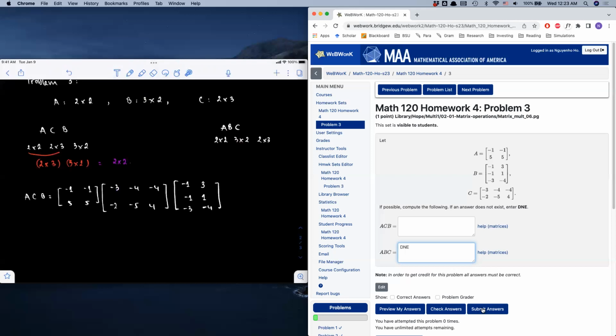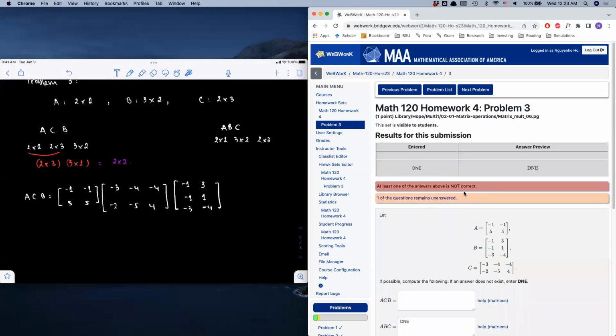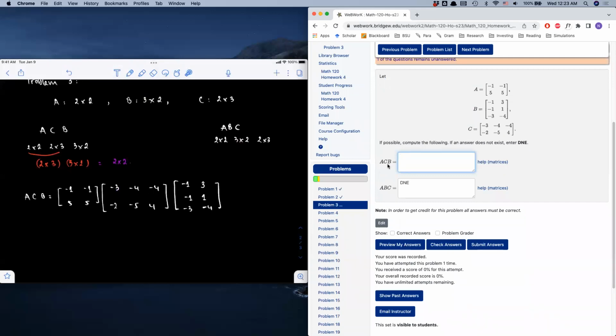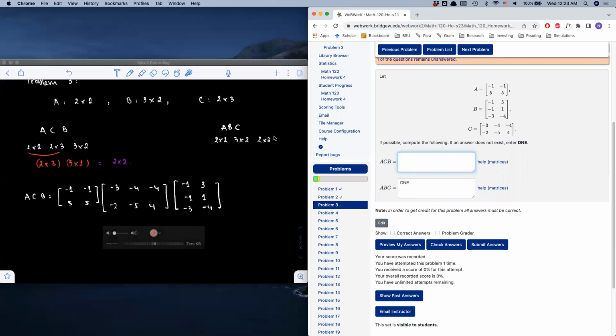But let's say you submit this one, see what happened. It gives me a wrong answer because I didn't enter the value for A times C times B, but with the procedure I just showed you and A times B times C, the answer should be does not exist because of the analysis that we have done over here.